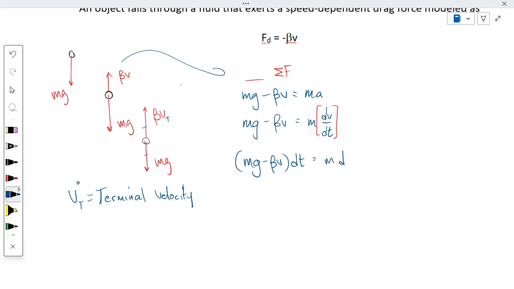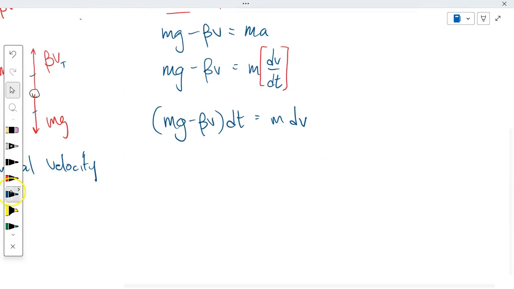This will allow us eventually to integrate each side, except what you may notice is that velocity is a variable, and here we'd look to integrate with respect to that variable. So what we need is all the stuff with v in it on one side, and best practice probably is to get everything else on the other side. But I want to show you this.